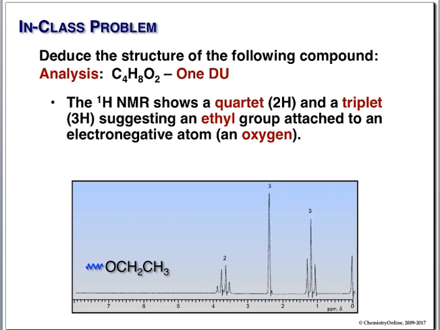Now, what else are we missing? We're missing 2 carbons, 3 hydrogens, and an oxygen. We know we have 1 degree of unsaturation. By George, I'll bet that's a carbonyl. And our methyl group must be attached to the carbonyl carbon because it's not next to any hydrogens.